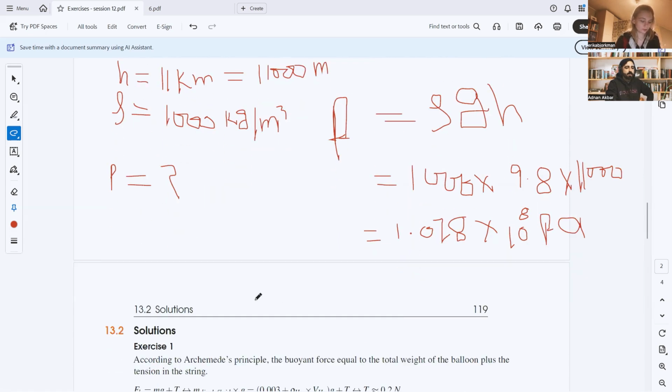And after rounding it off, you can write 1.1 times 10 raised to the power 8 Pascal is equal to P, the pressure.